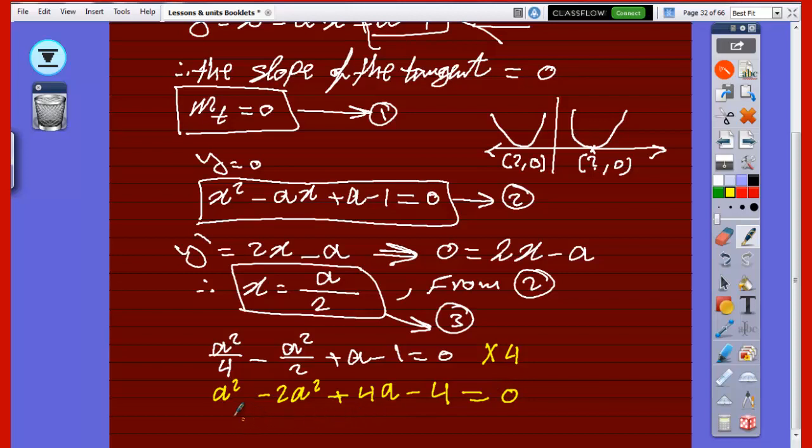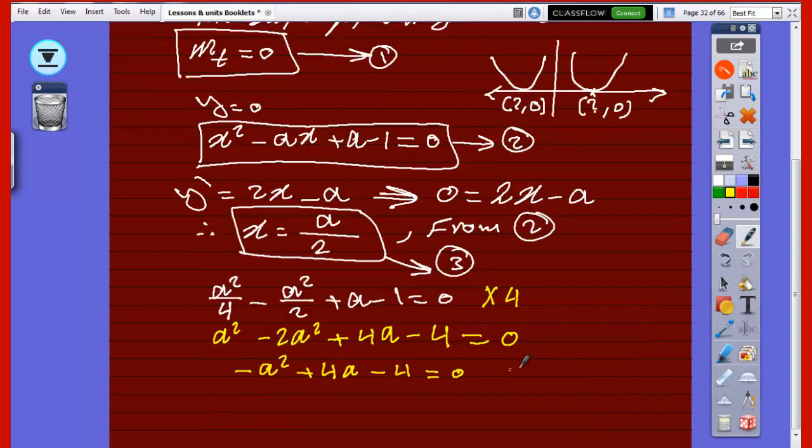Then we have a squared minus 2a squared equals negative a squared, plus 4a minus 4 equals 0. Multiplying both sides by negative 1, we get a squared minus 4a plus 4 equals 0.